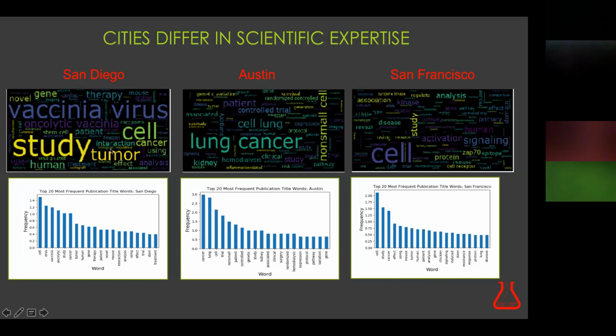So San Diego has the Salk Institute. Vaccinia virus comes out very strong, and there are very specific diseases that they're looking at here. Similarly, Austin is heavily invested in lung cancer because of the lung cancer journal that comes out of Austin. And then in San Francisco you can see a large number of important and interesting words, but they're all small.